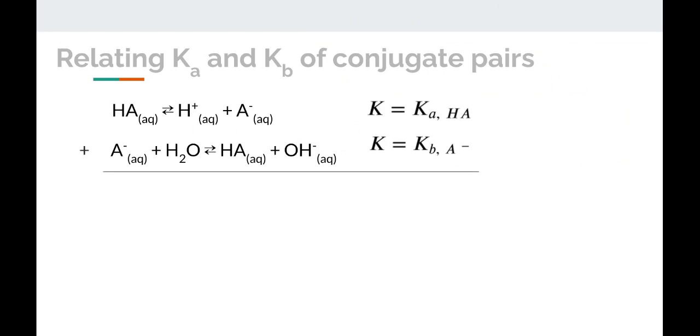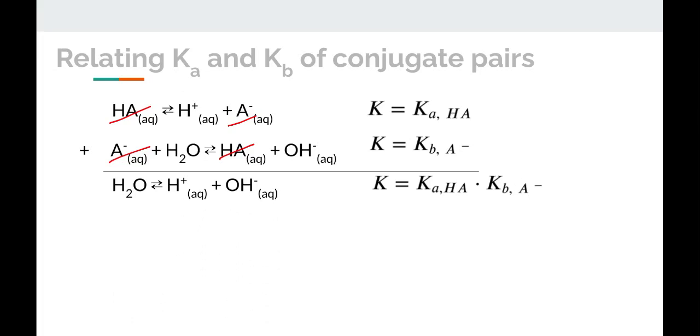If we sum these together, HA cancels out, A minus cancels out, and we just end up with the autoionization of water. And K for that is Kw. So Kw is the Ka for the acid times the Kb for the base. So that's how they're related to each other.